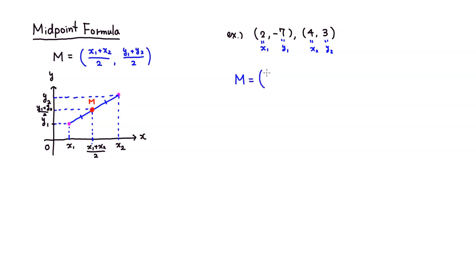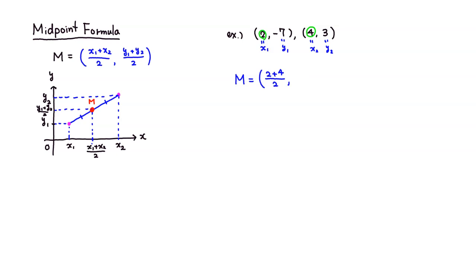All right, x1 is 2. Maybe I should circle that. So here x1 plus x2, where x2 is 4, so it's going to be 2 plus 4 divided by 2.